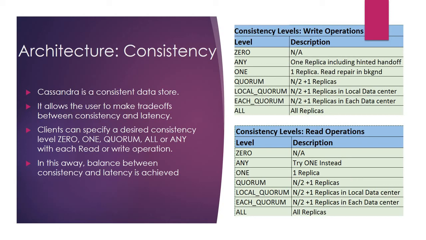A consistency level of 0 indicates that a write should be processed completely asynchronously to the client. It doesn't give any guarantee of consistency, but it offers pretty much the lowest possible latency.